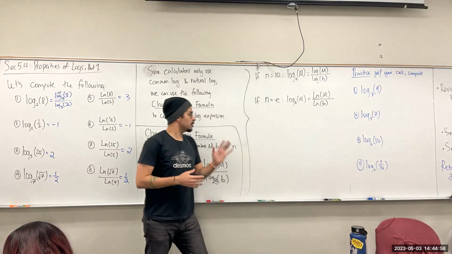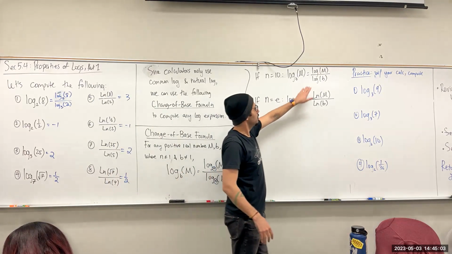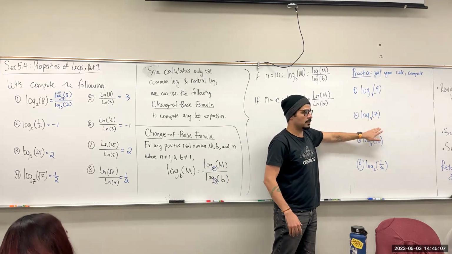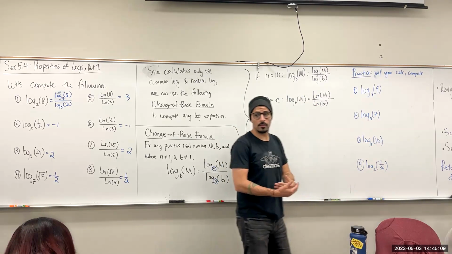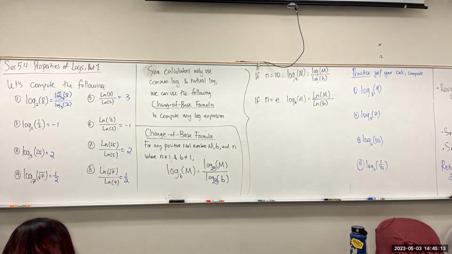So see if you guys can use this change of base formula with either the common or the natural log to compute these guys. And actually find the decimal value of it.